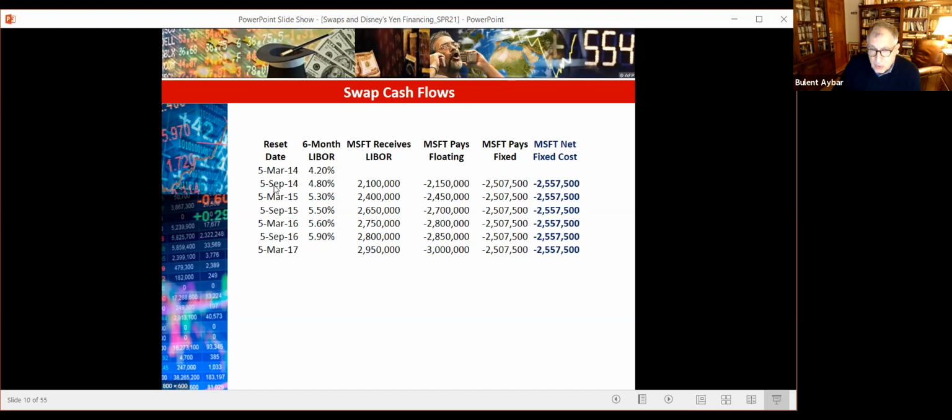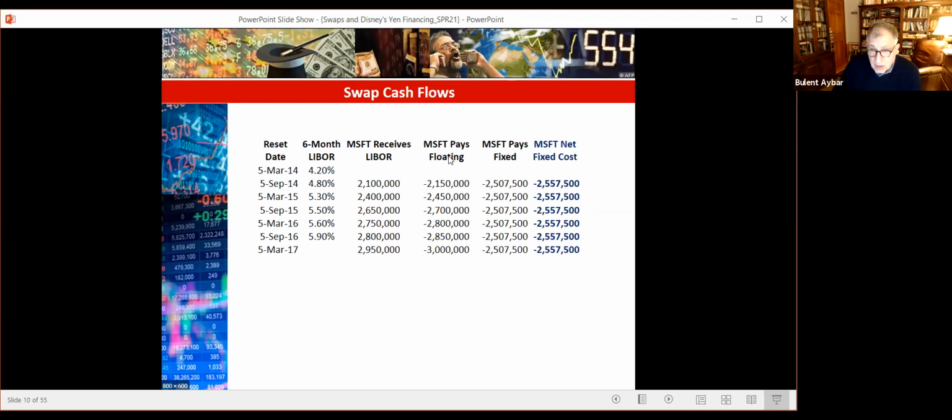Just a quick note in here about the floating rate payments. The payment that is due on September 5th, 2014 is determined on March 5th, 2014, 6 months prior to the actual payment. This date is referred to as the interest reset date. So the next interest payment is always determined 6 months prior. In this case, for instance, LIBOR was 4.20%, and that is the basis of the interest payment that is going to be subject in the next interest payment period.